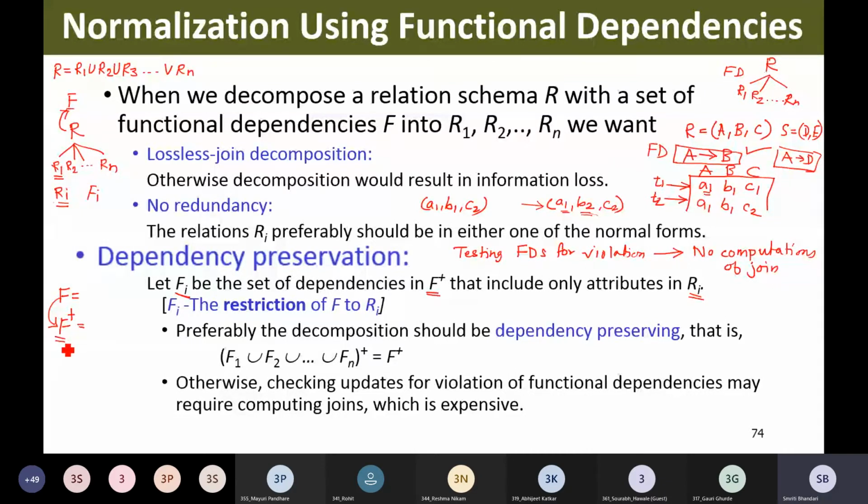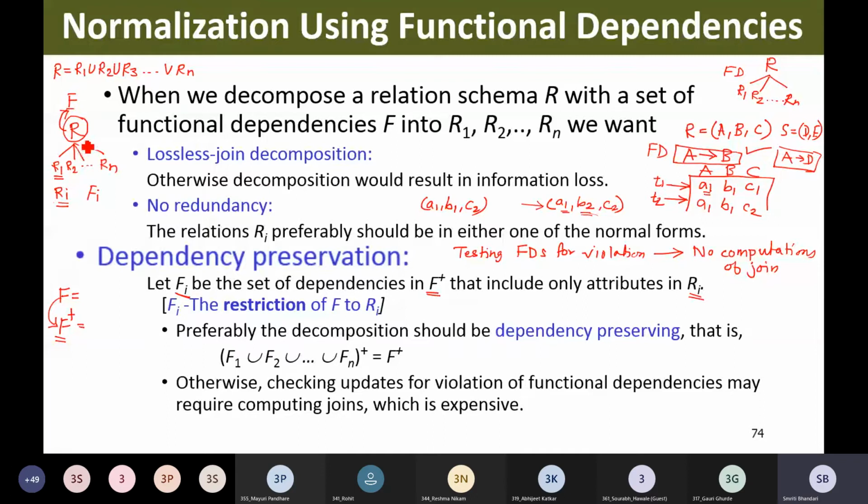In our F plus, we have all the functional dependencies that exist for this entire schema R. So obviously, this F plus comprising all the functional dependencies applicable for the original relation R is a huge set.